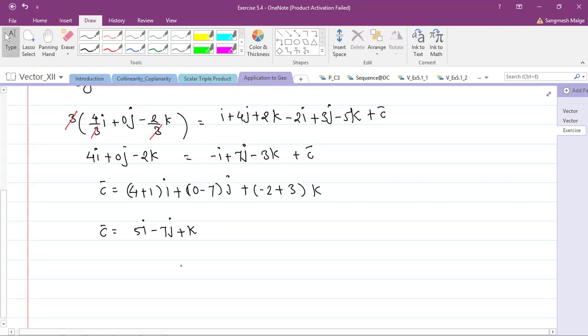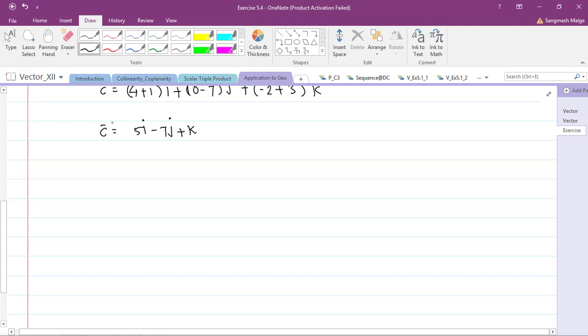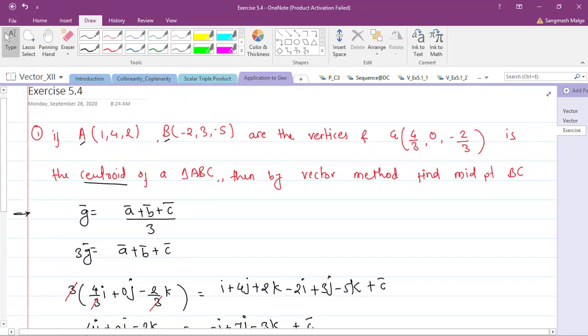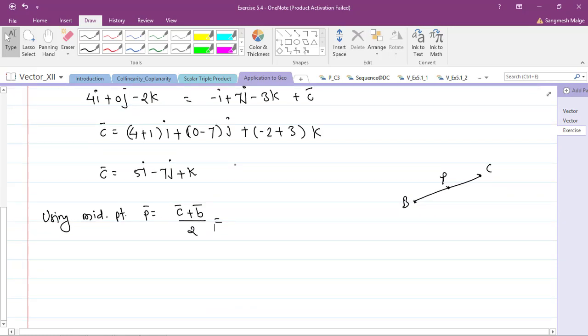Now let's find the midpoint of BC. For that we require the midpoint formula. Let BC be a side of the triangle and let P be the midpoint of BC. So P bar equals C bar plus B bar by 2, as we have seen in the internal section formula. B bar is minus 2I plus 3J minus 5K, plus C bar is 5I minus 7J plus K, whole divided by 2.